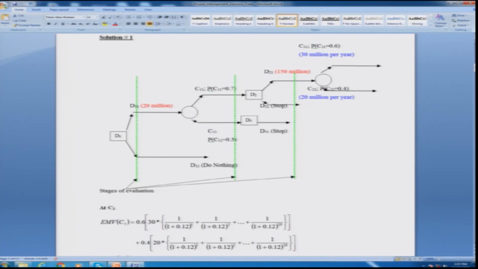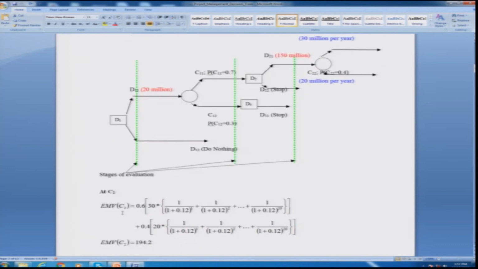At C2, what you are trying to do is find out the expected value of that decision at C2. So, at C2 how many forks are there? There are 2. So, probabilities are 0.6, 0.4. What are the values? 30 million, 20 million per annum. Now, if you see the whole concept inside the bracket, it basically means the time value of money as of now.